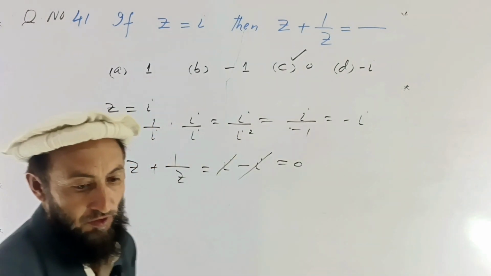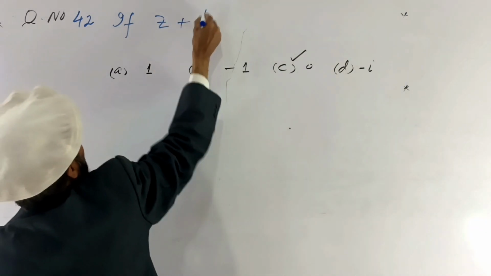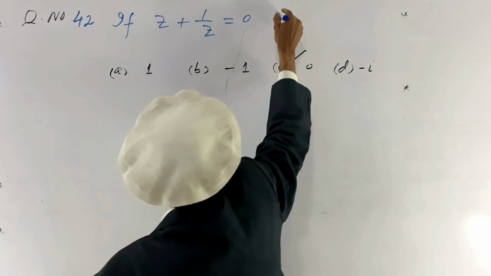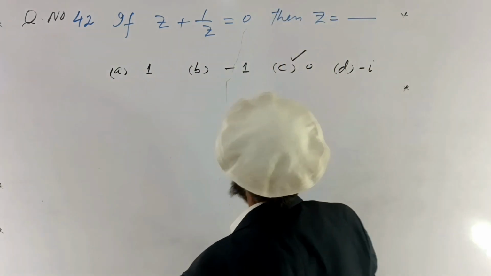The correct answer is: if z plus 1 over z is equal to 0, then what is the value of z?